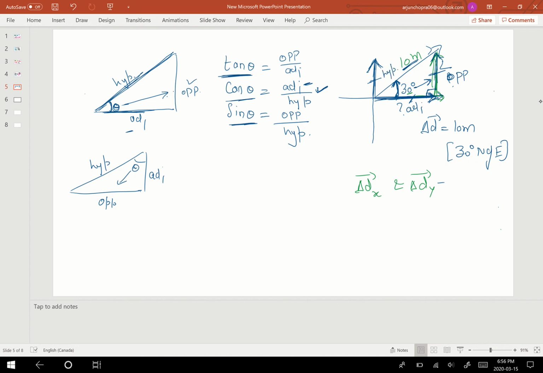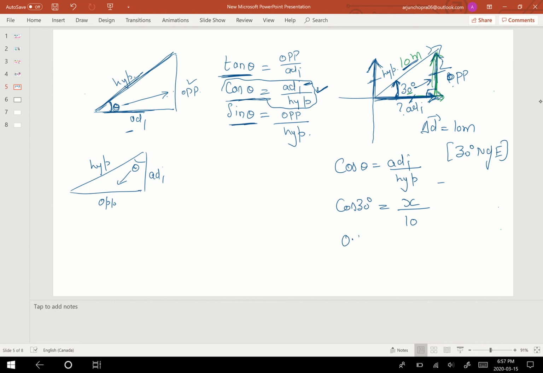So I'm going to use cosine theta, which is equal to adjacent upon hypotenuse, and the hypotenuse value is 10 meters. This adjacent we don't know, let's say this is x. First of all, I have to make sure that my calculator is in degree mode.